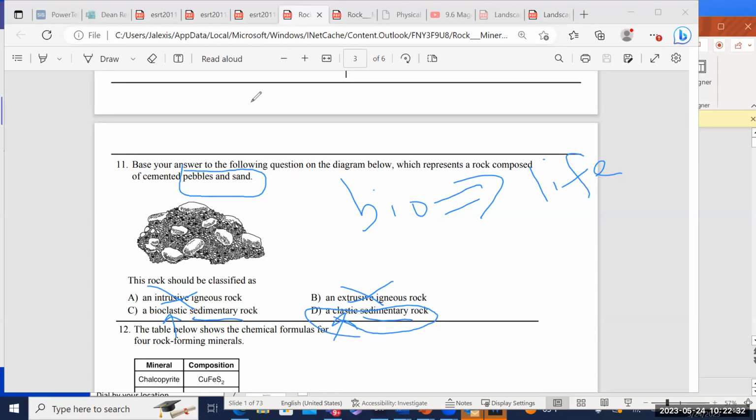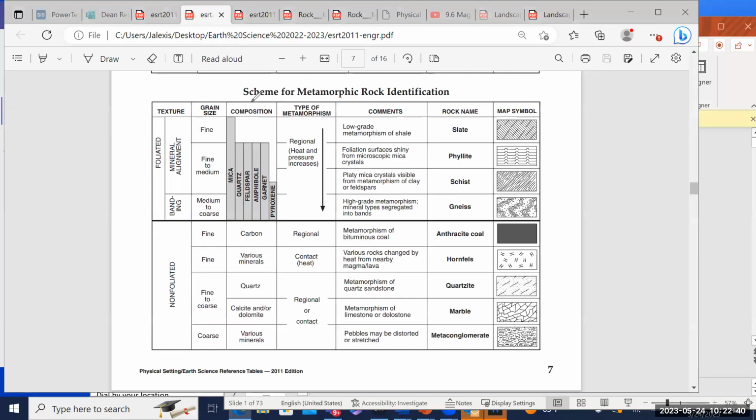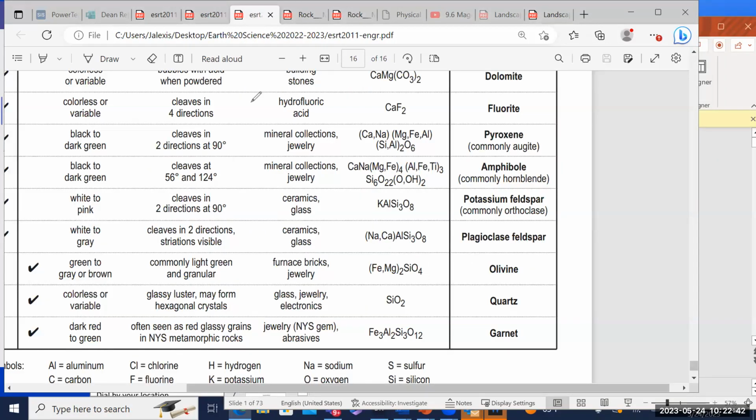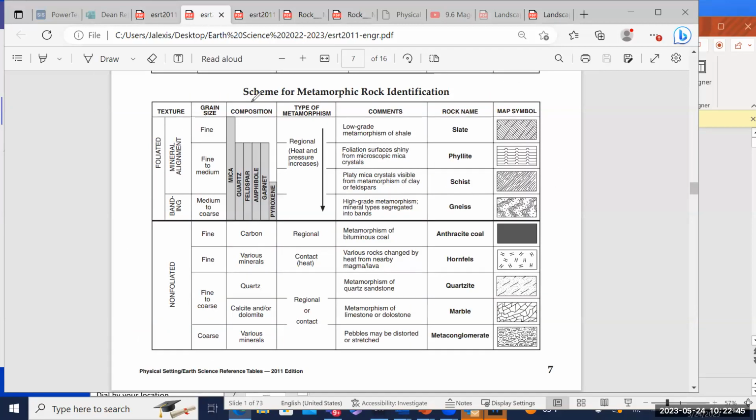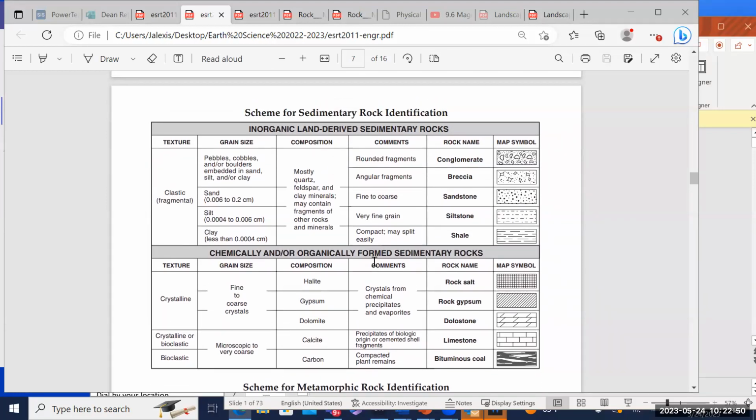You can even check on your reference tables what rock is made up of pebbles and sand. When I look at page 7, I apologize, a rock that's made up of cemented pebbles and sand: I see pebbles embedded in sand, and it could be conglomerate or breccia, but most importantly, clastic sedimentary rock.